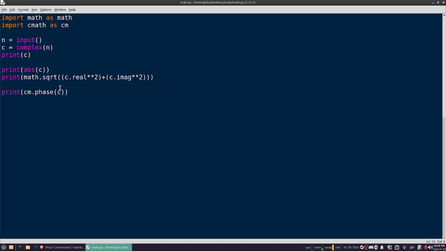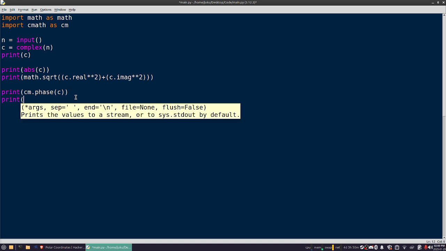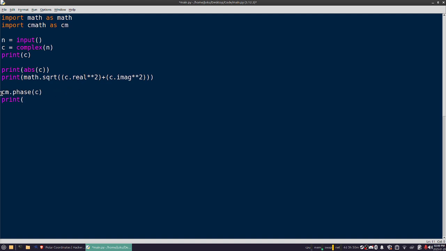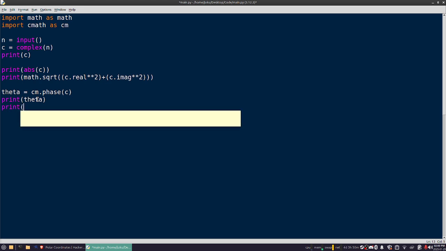And then if we were to do that normally using math, I'll make an actual variable for this, and then math.atan, which is the angle. We take c, the imaginary portion, and we divide that by c of the real portion.